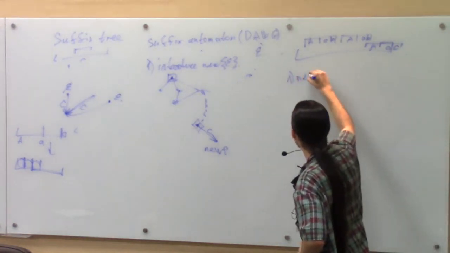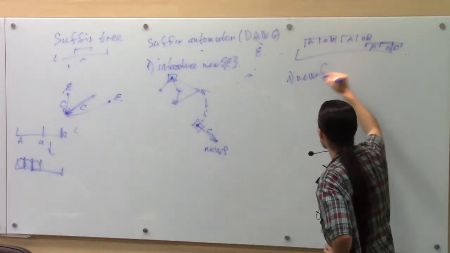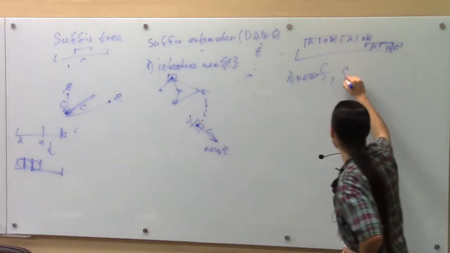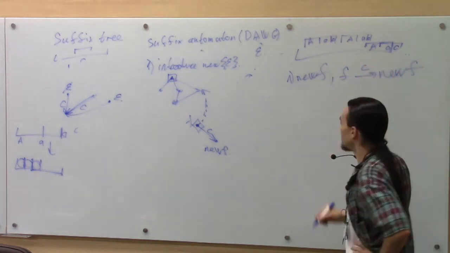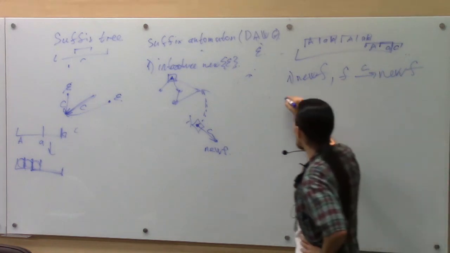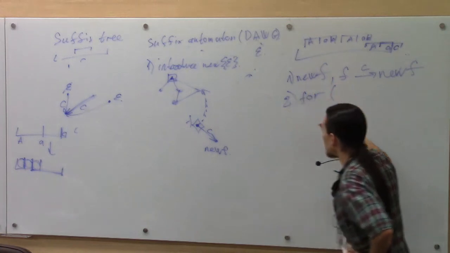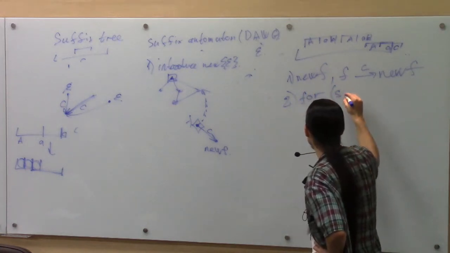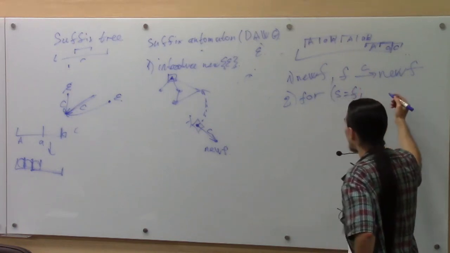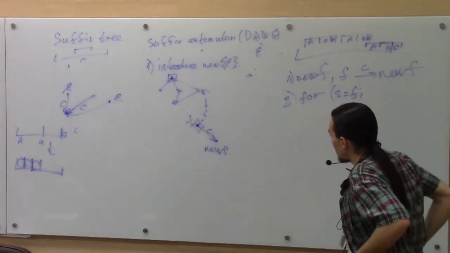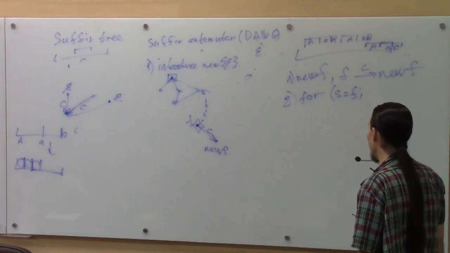So we add the new final state, and if f was the previous final state, we should add the edge here by C. Then we start, so our S is initially F, and we have to go up.